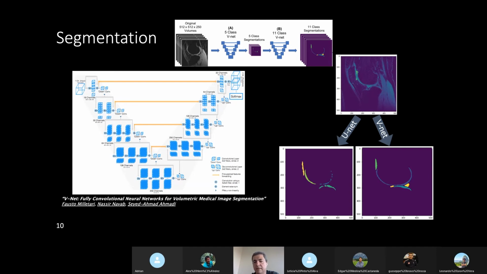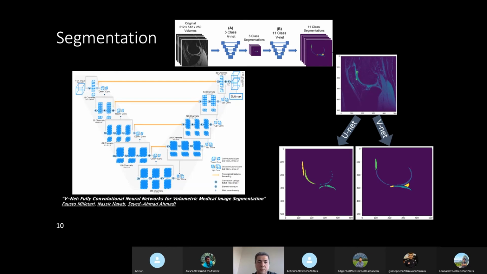The UNET was used to segment the structures in 2D per slice, but the VNET architecture is a 3D architecture. So we took advantage of the spatial correlation between the slices, and it reflects in a more accurate segmentation, as you can see here. This is for the same knee, and you see the quality of the segmentations is very, very different, right?